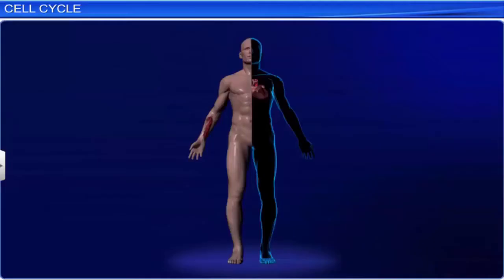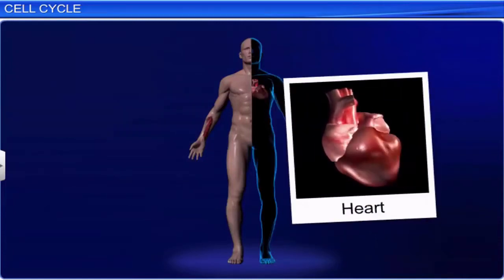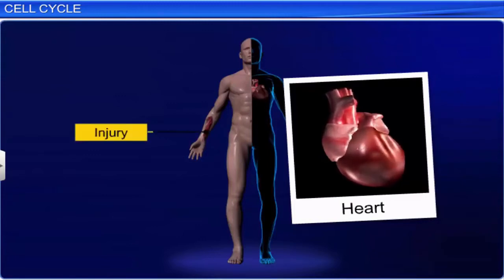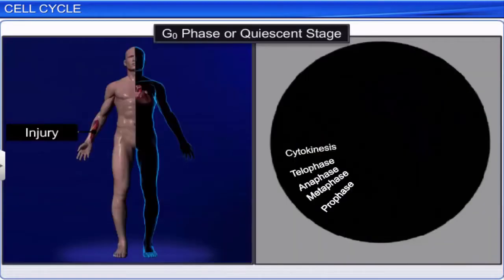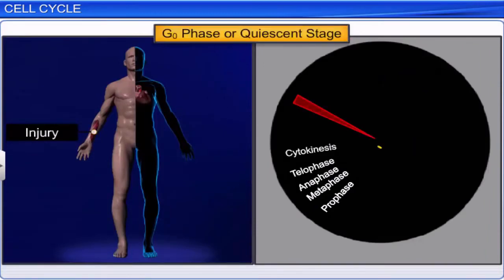In adult animals, for example in humans, some cells, like those in the heart, do not appear to display cell division. Animals also have many cells that divide occasionally, only to replace cells lost due to cell death or injury. Such cells that do not display further cell division exit the G1 phase and enter an inactive stage called the G0 phase or the quiescent stage.